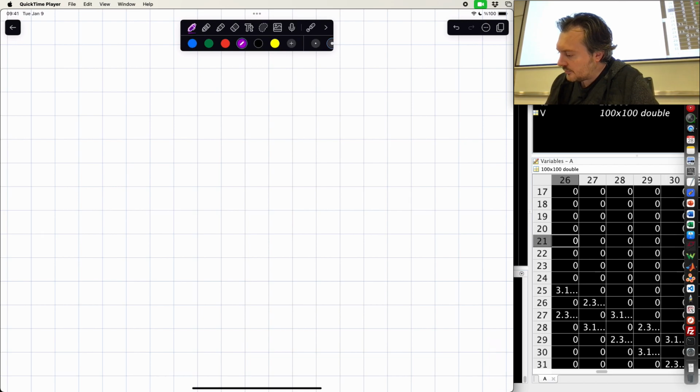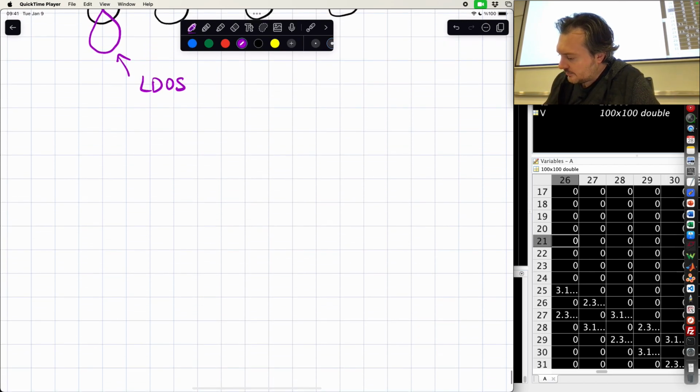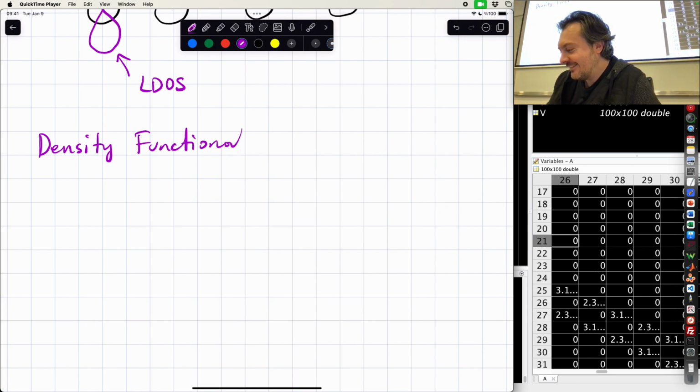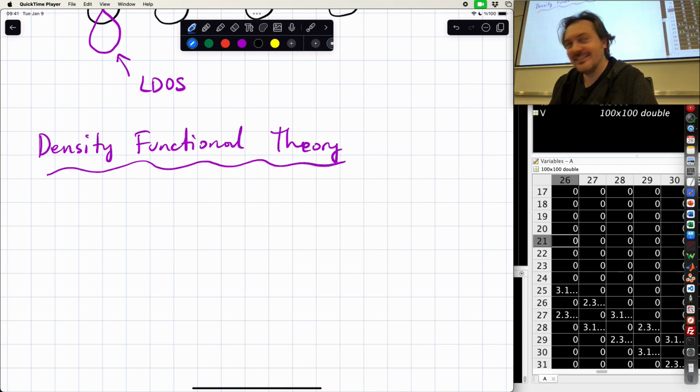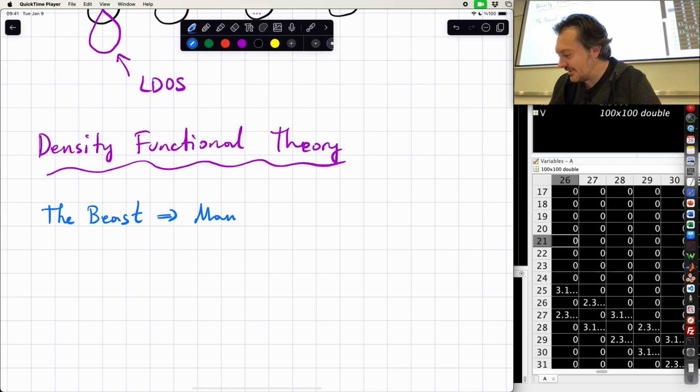Finally, I would like to talk about density functional theory. Why are you laughing? I see. So it's a story of the Beauty and the Beast. The Beast is the many body wave function.